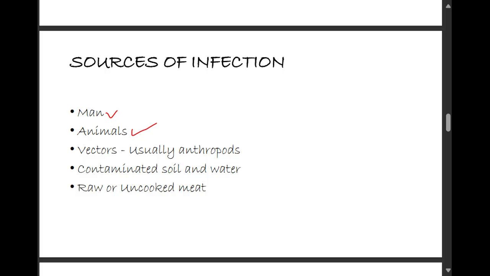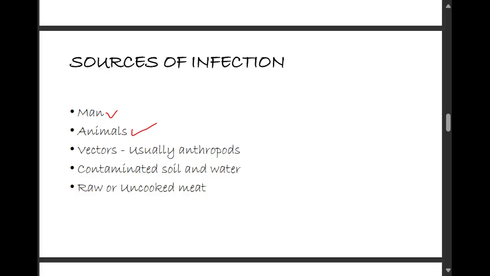For example, cystic echinococcosis, which is from dogs, and then you have toxoplasmosis, which is from cats.